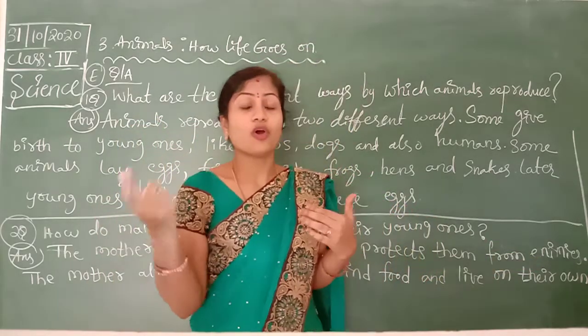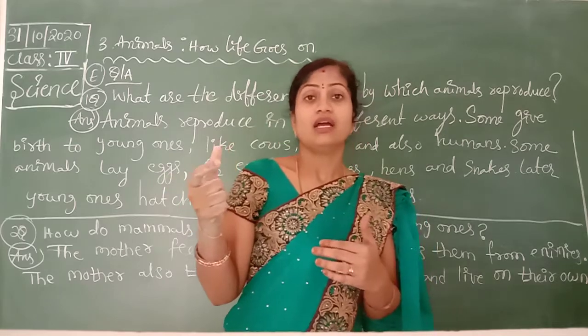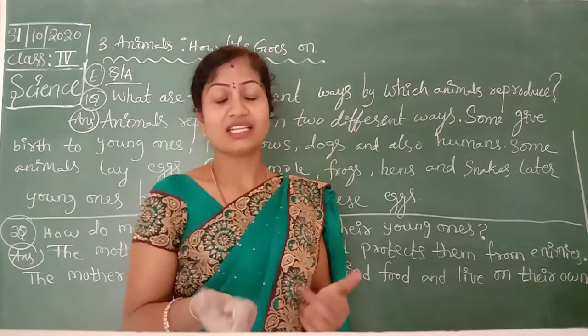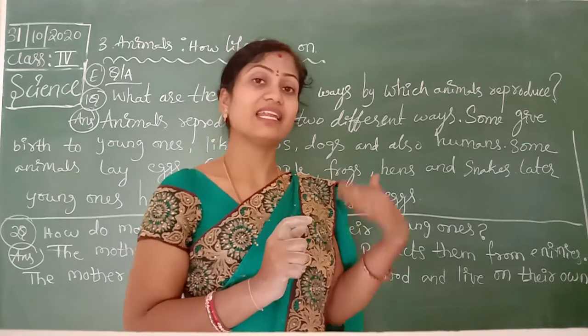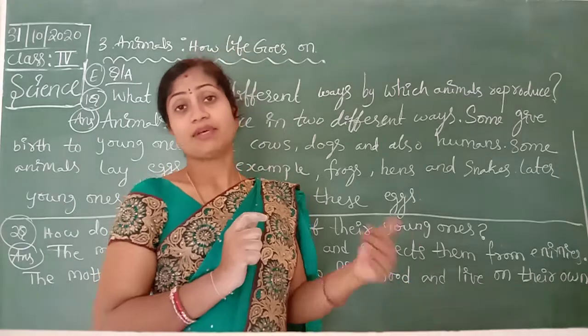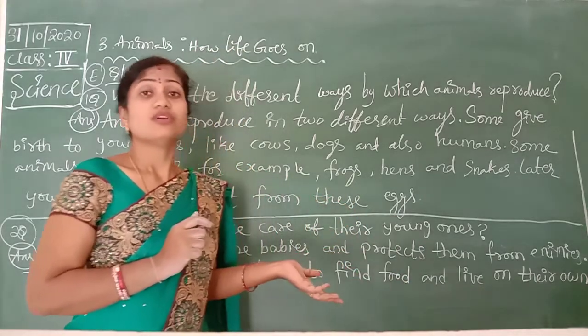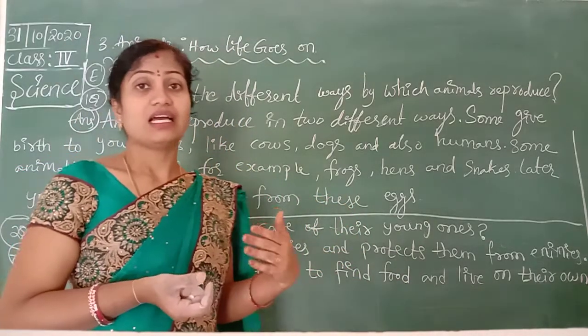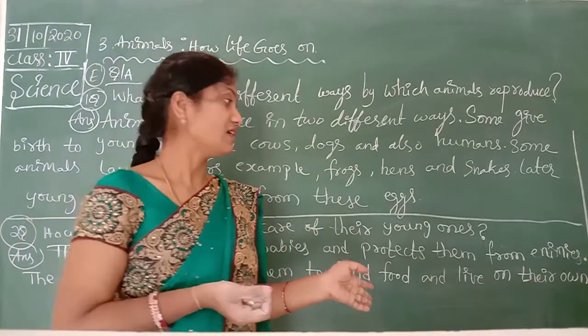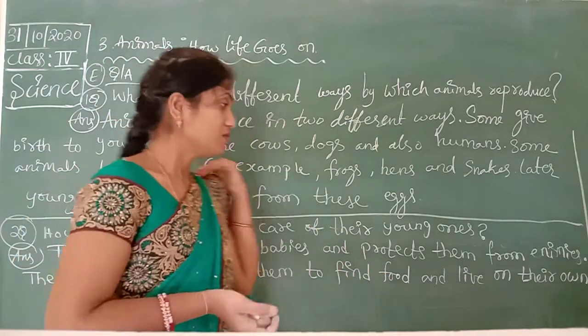They grow for some months or some years, and after that they can leave. The babies can leave on their own. So that's why the mother leaves and goes to another place. Like that only in mammals.